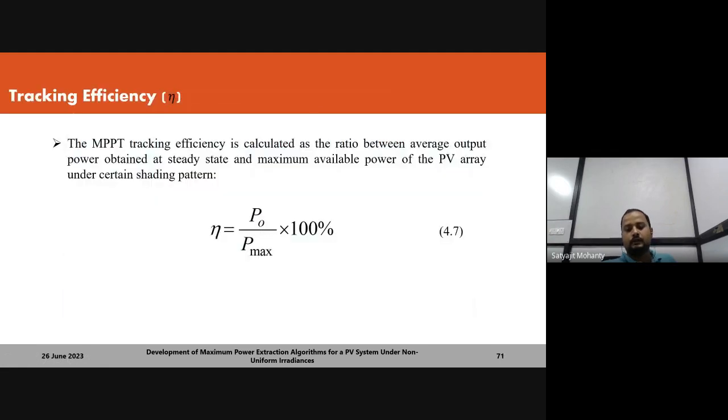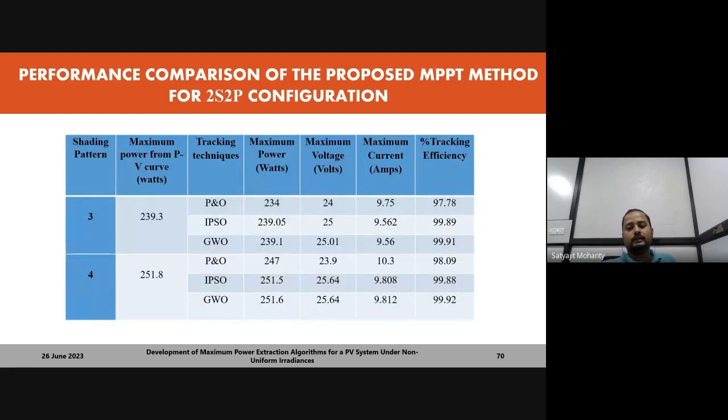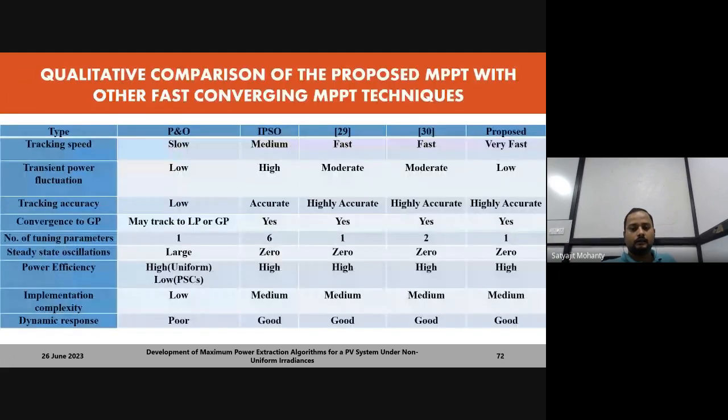And this is the formula used for the calculation of the tracking efficiency. So this will give a clear-cut idea about the literature survey, which MPPT, how it performs, depending upon the tracking speed, transient power fluctuation, tracking accuracy, convergence, number of tuning parameters, steady state oscillations, efficiency, complexity, and dynamic response.